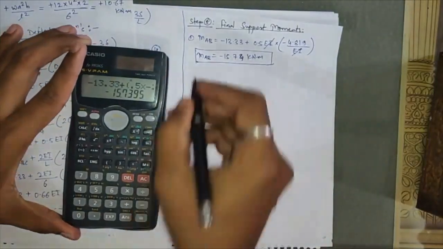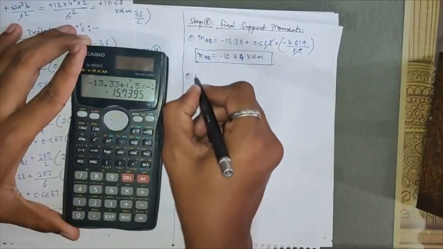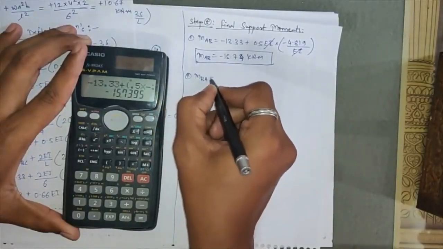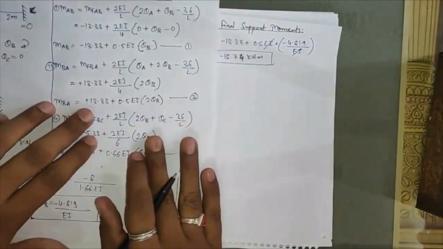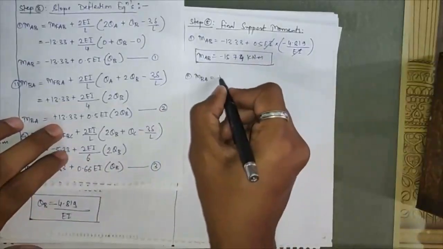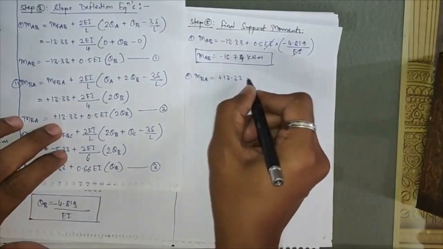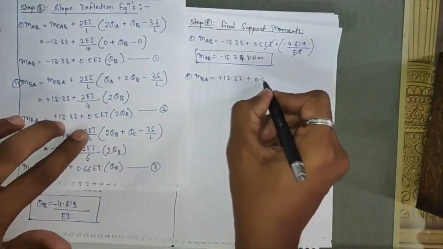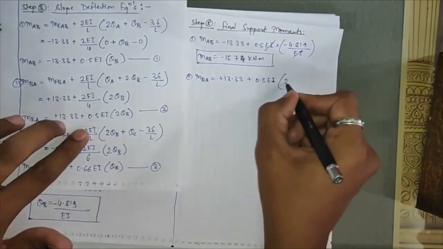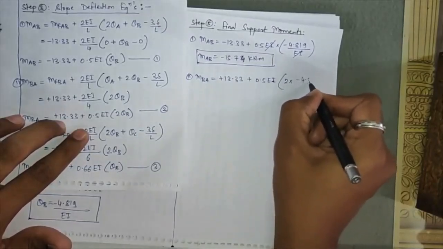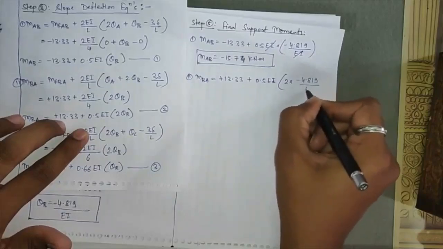Getting this? Then the second one, the MBA equation. MBA is 13.33 plus 0.5 EI into 2 times theta B, that is minus 4.819 divided by EI.